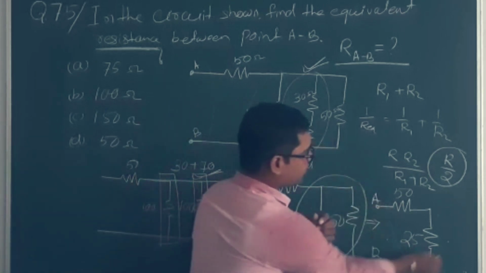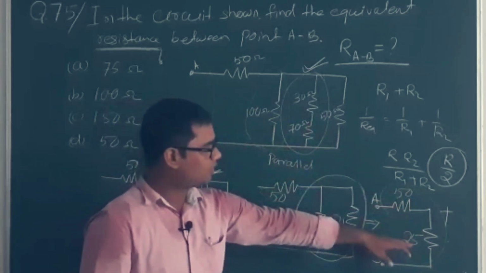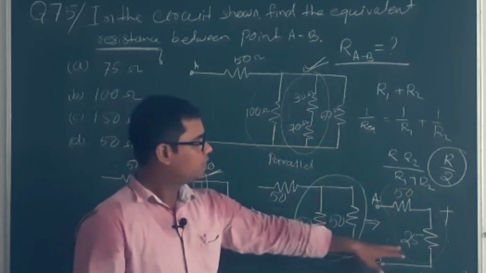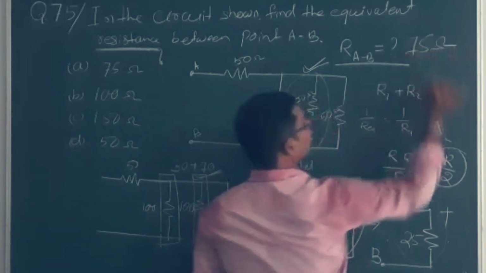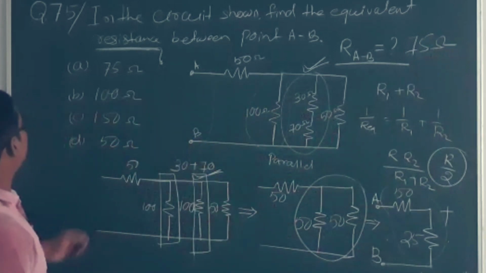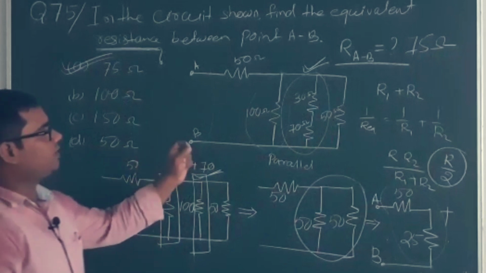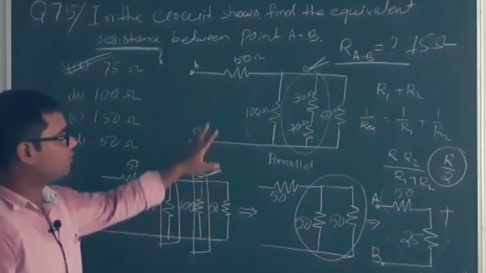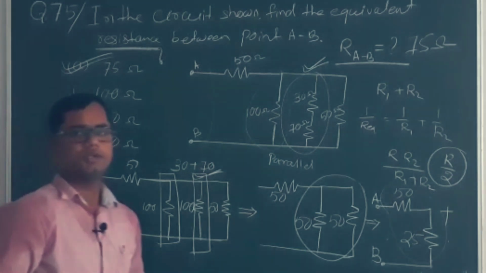Now you solve this one, which is in series combination. So 50 and 25, how much are you getting? 75 ohm. So from this, option A is your correct choice. This is a simple series parallel problem. After practicing, you can solve other problems also. Okay, so moving to the next question.